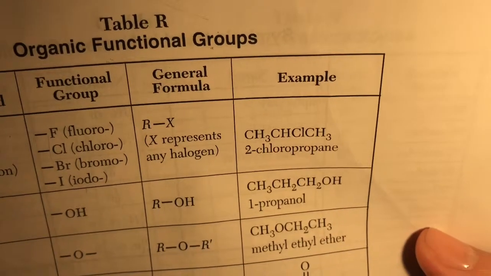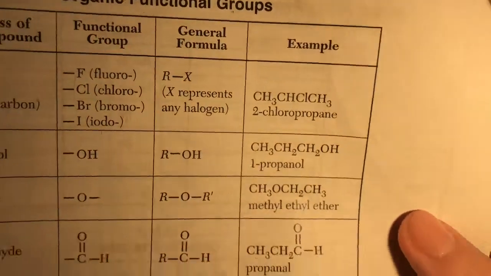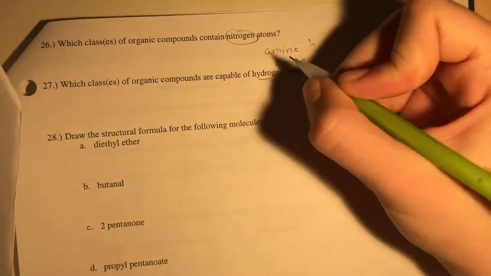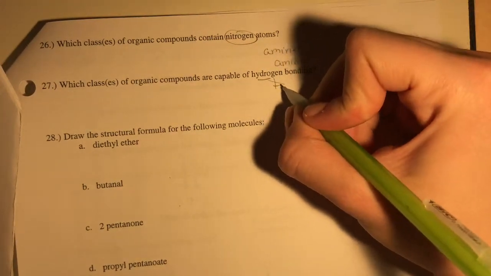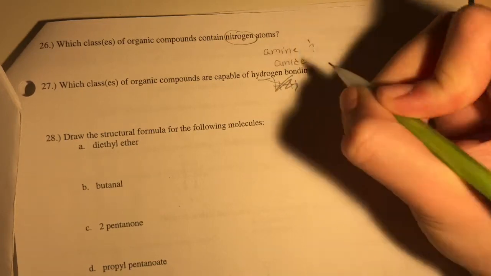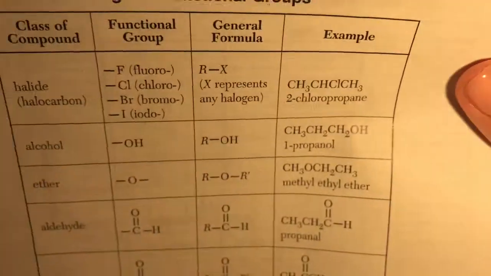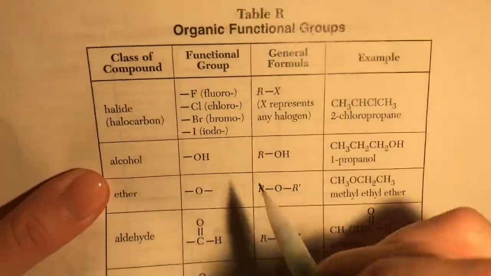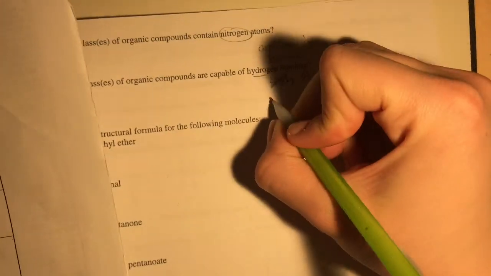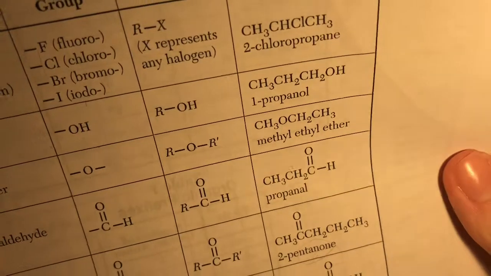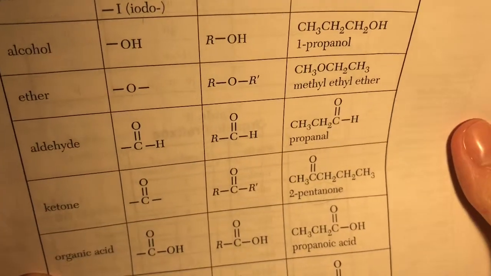Hydrogen bonding is basically hydrogen bonding to O. It's not H to H, no, it's O and H. So if we refer to Table R, alcohol, there's an OH right here. What else has an OH? Organic acids, yeah, that works.